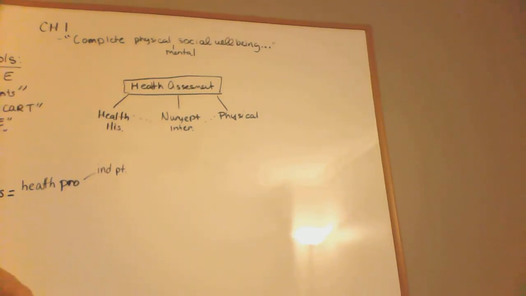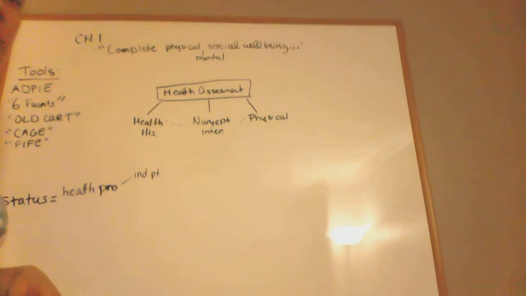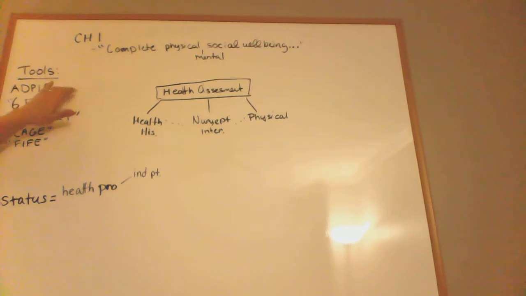You do have some tools to work with. You have your ADPI: assessing the patient, diagnosing, making plans, implementing, and evaluating. Of course, that implementation and evaluation will continue to occur.